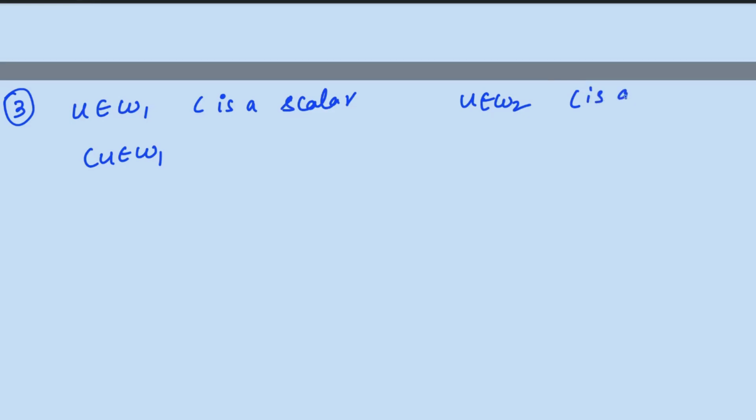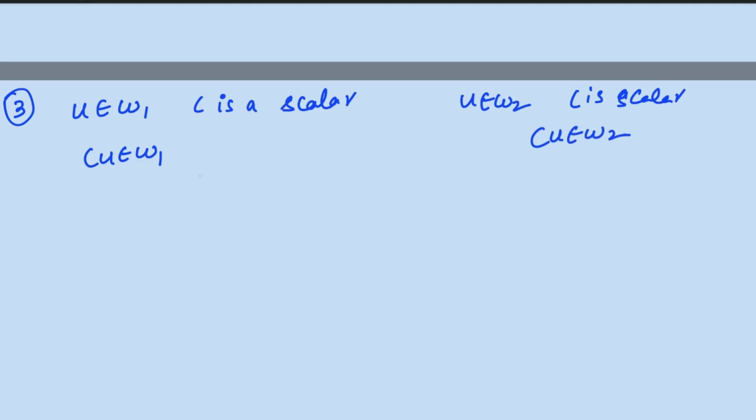What is the third property here? If u belongs to W1 and c is a scalar, then cu belongs to W1, and if u belongs to W2 and c is a scalar, then cu belongs to W2.